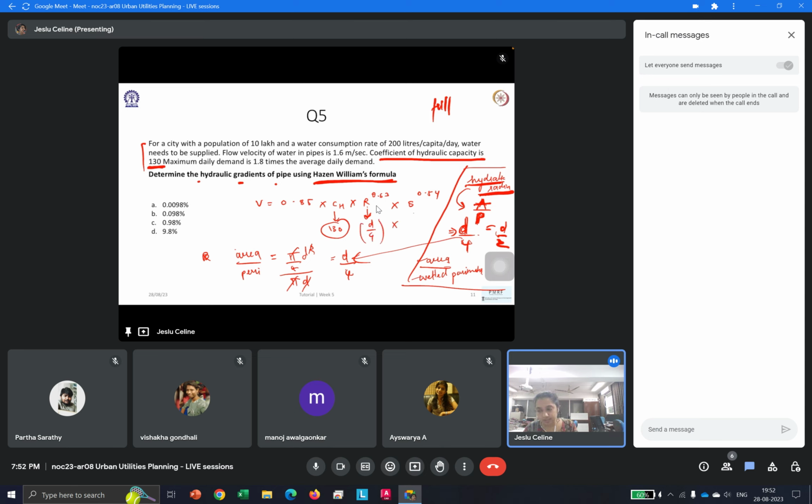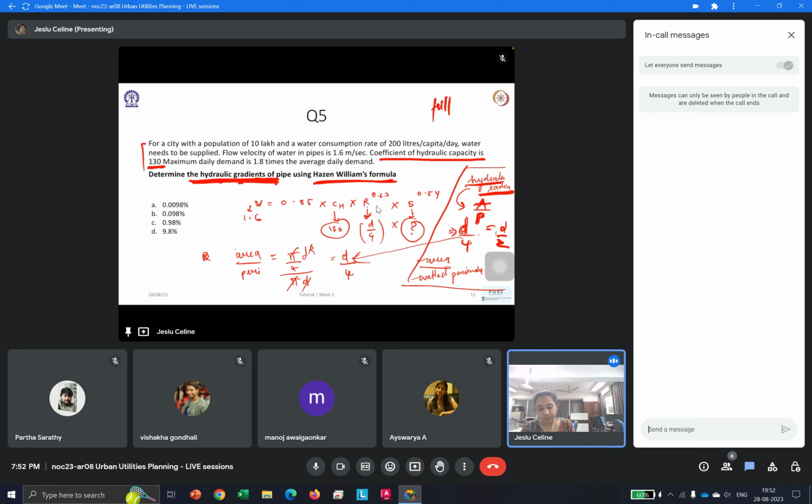Now, what is S? S is the slope of hydraulic gradient. Is that given in the question somewhere? No. Sorry, that is what we have to find. Determine the hydraulic gradient, which means S is what we have to find. V is also given, right? The velocity of flow is given as 1.6.